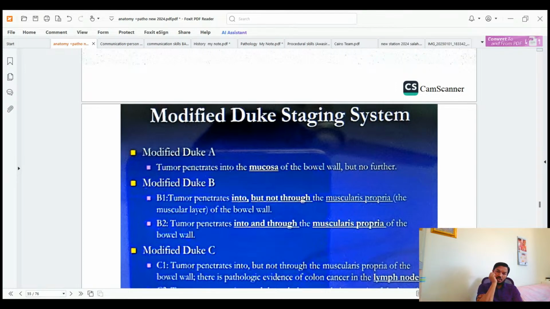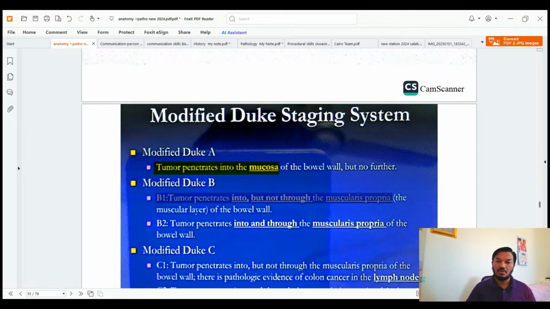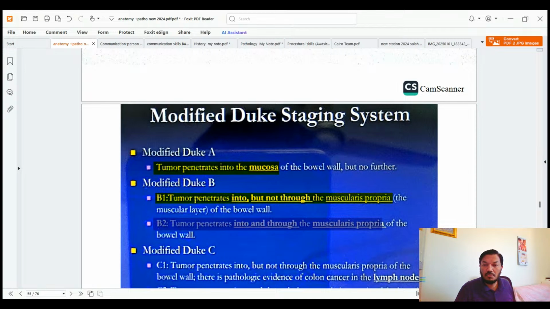B2 tumor penetrates into and through the muscularis propria of the bowel wall.